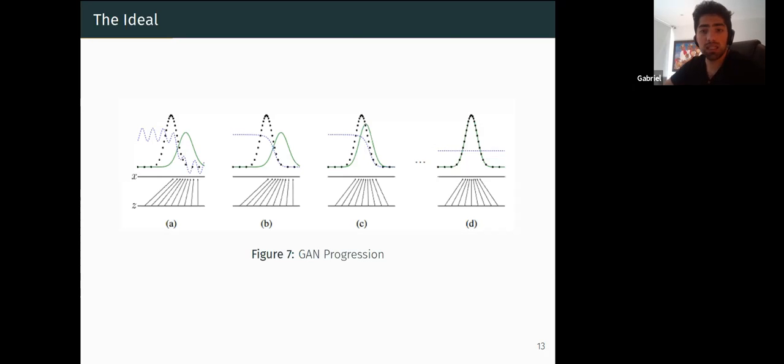In this case, the progression tends to be that the generated distribution learns how to simulate the original distribution and to generate samples that plausibly come from the original data distribution.